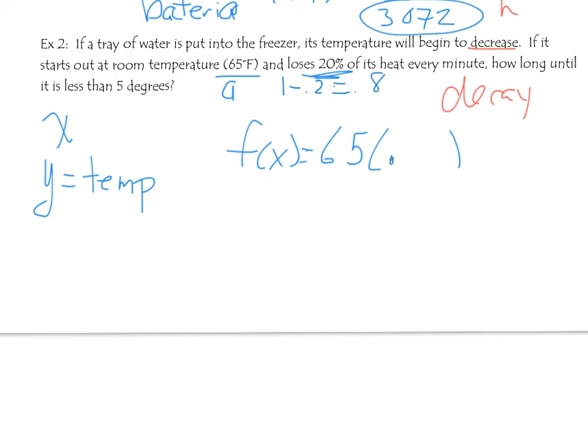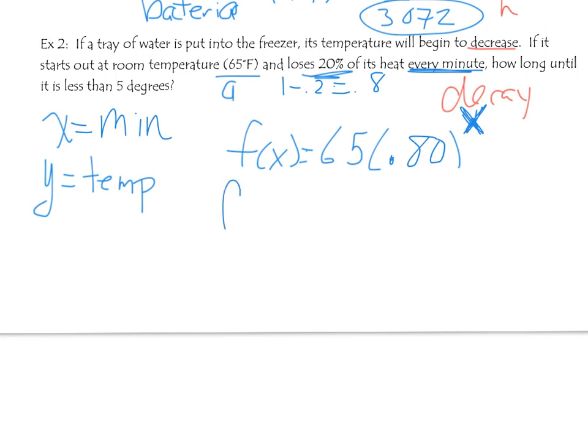So 0.8, or 0.80 if that makes you happier to think of it in terms of percentages. And then raised to the x power. So x is every minute, the number of minutes since you put the tray in the freezer.